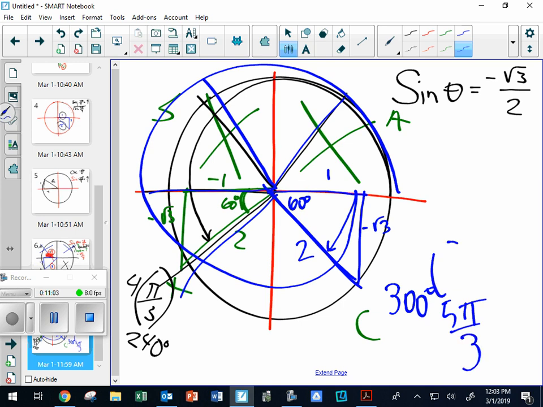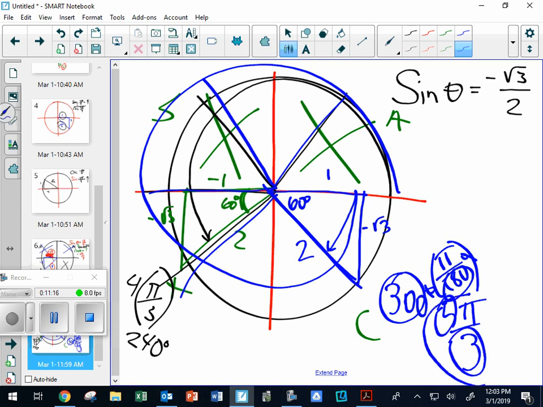Or, if you wanted to multiply it by pi over 180, that would have worked. That way the degrees would have canceled, and you could have reduced 300 over 180 to 5 over 3. That's a way to get the 5 pi over 3. But 5 pi over 3, and the other one was 4 pi over 3, and there's your two answers.